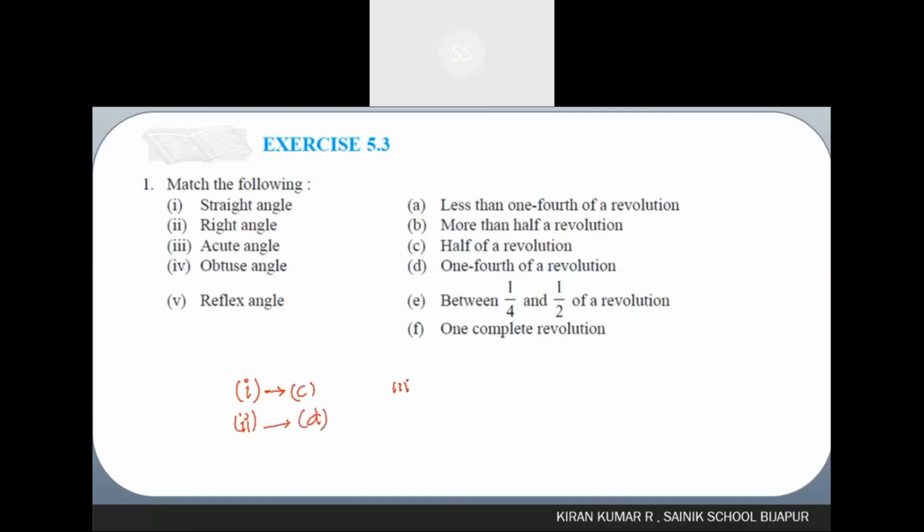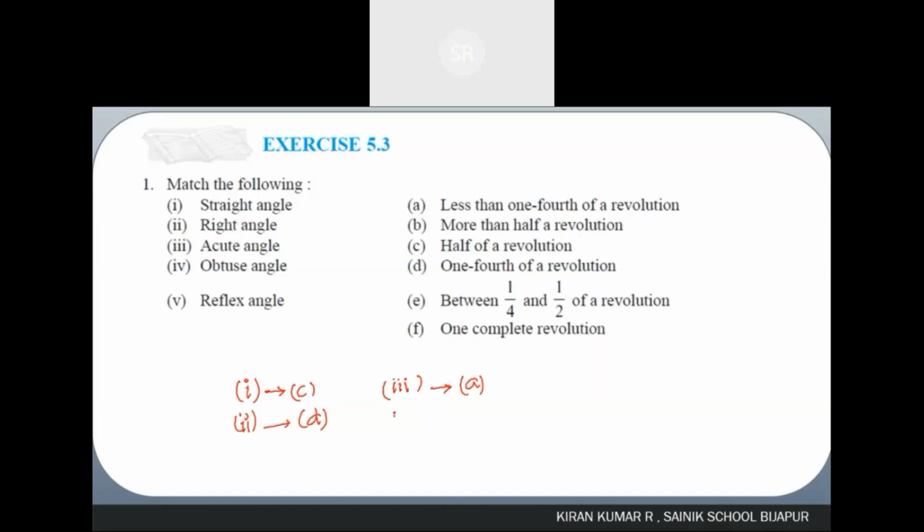Look at the third one, acute angle. It's an angle less than 1/4 of a revolution. 1/4 means it is less than 90 degrees. So the third one is option A, less than 1/4 of a revolution. Obtuse angle is more than 90 degrees, less than 180 degrees.